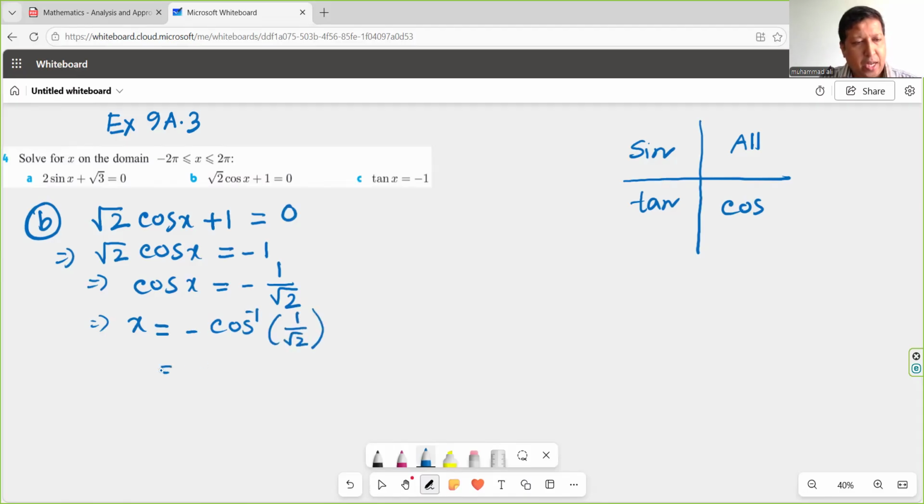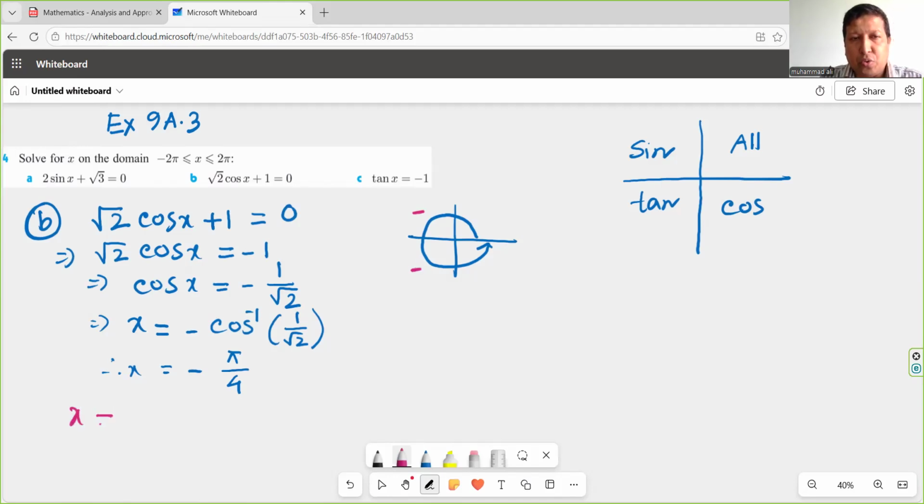So we'll get here x equals minus pi by 4. Now we will check where cos is negative. When we are thinking about the anti-clockwise in this way, cos is negative in the second quadrant and third quadrant.